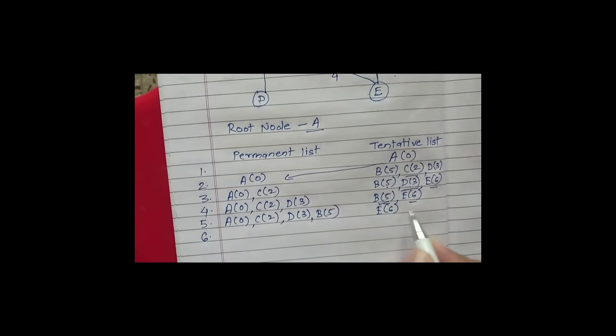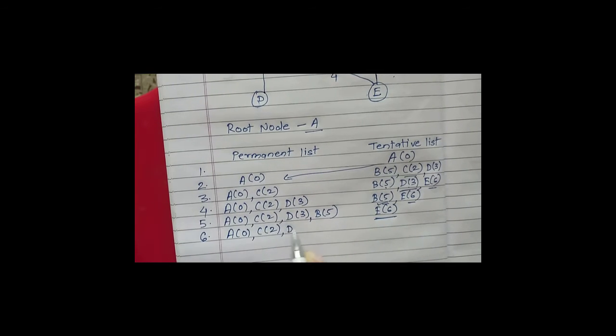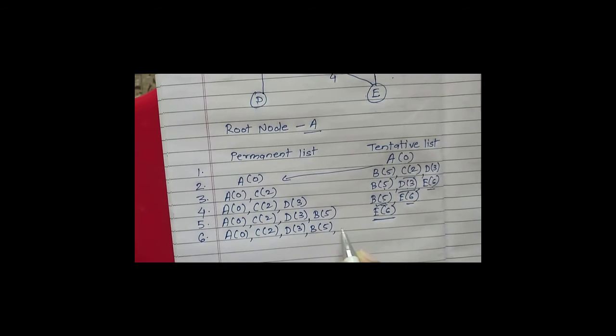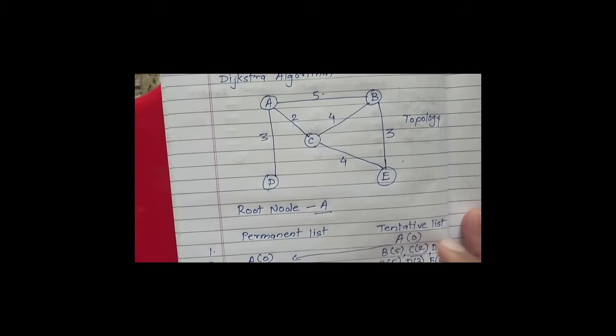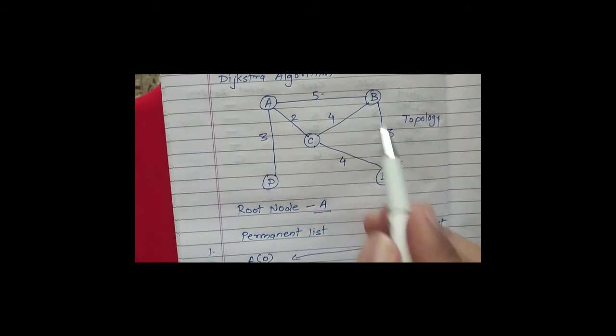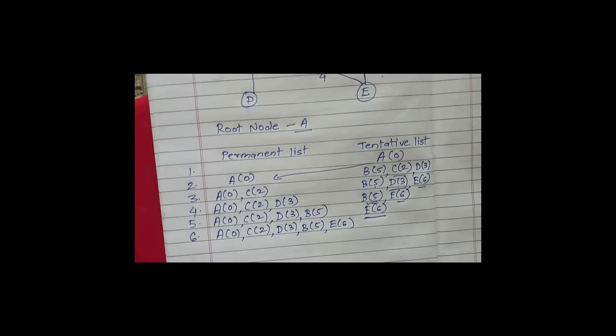And in the last step, there is only one node present in the tentative list. So I have to move this unprocessed E from the tentative list. And now there are no immediate adjacent nodes of E as far as this topology is concerned, because B and C are already processed in the permanent list.